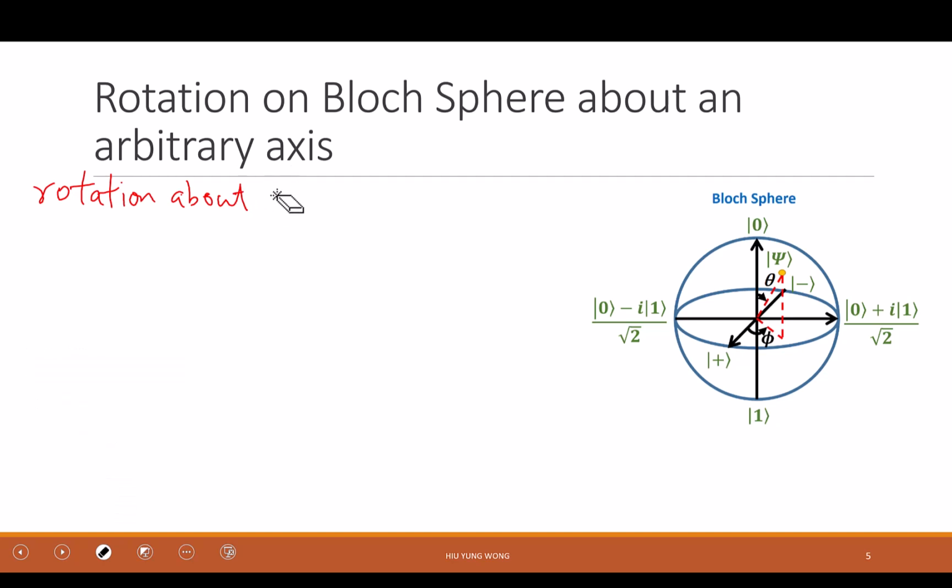This is given, n hat. Just like what we said last time. Last time we were only interested in the expectation value, but now I want to rotate about this Bloch sphere. What is the equation that can help us to do the rotation?